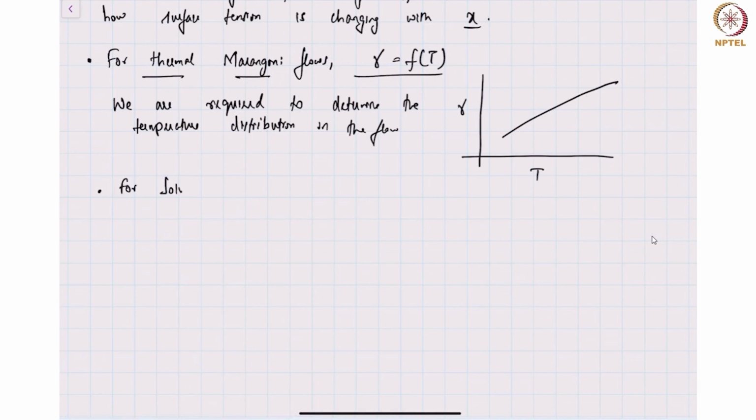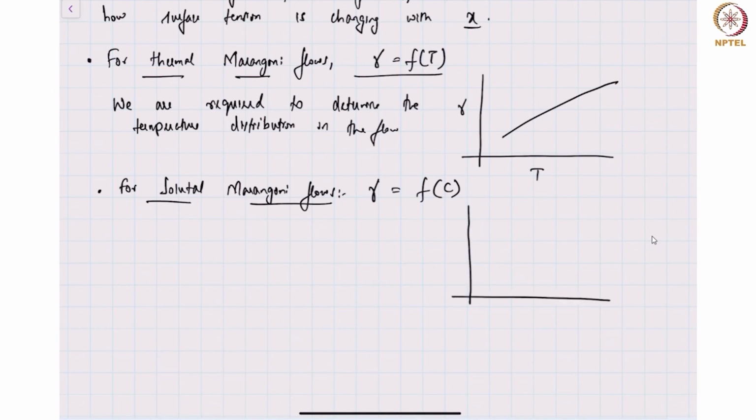solute Marangoni flows. In this case, gamma, the surface tension, could be a function of some concentration. The concentration in this case could be surfactants at the interface. So for example, I will again need an equation of state.